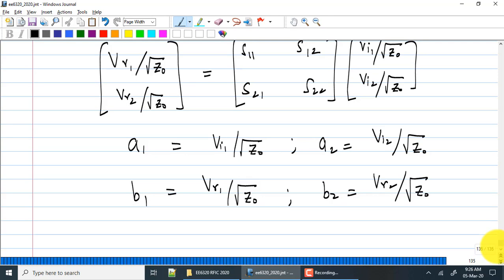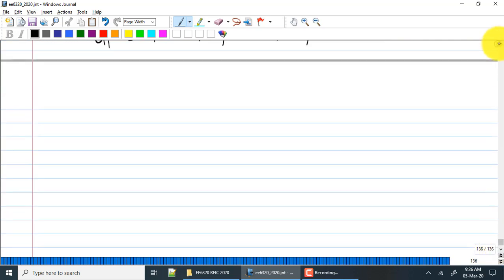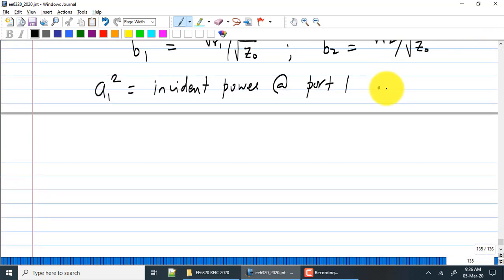So A1 squared is incident power at port 1, A2 squared is incident power at port 2, etc. So A1, A2 are normalized voltages, but A1 squared, A2 squared, B1 squared, B2 squared are power quantities.